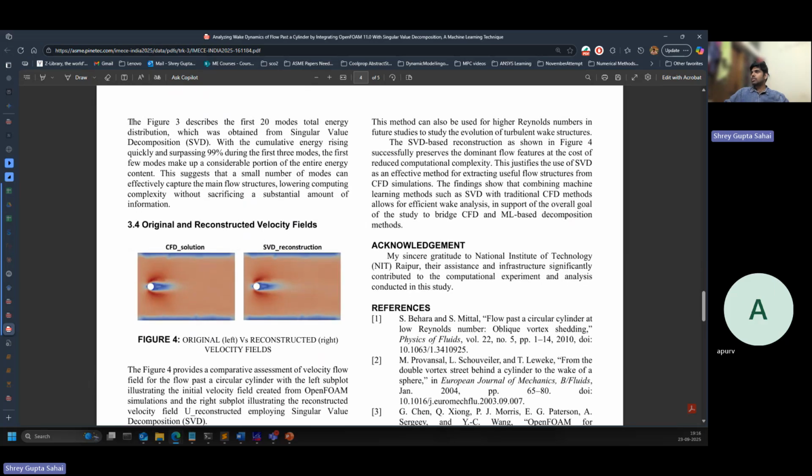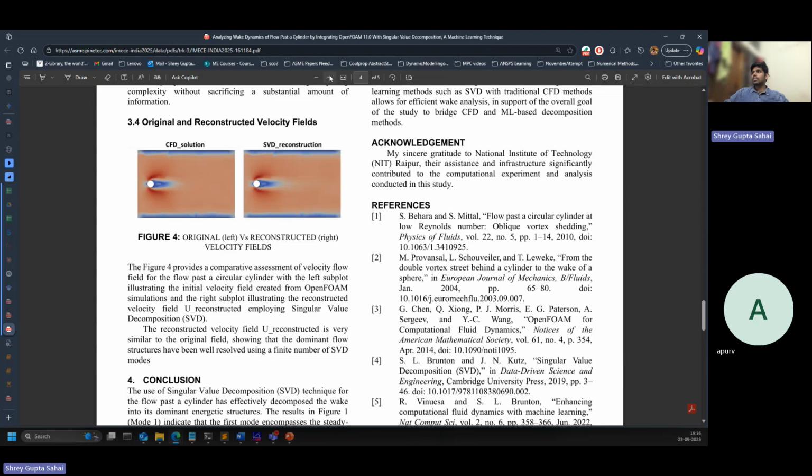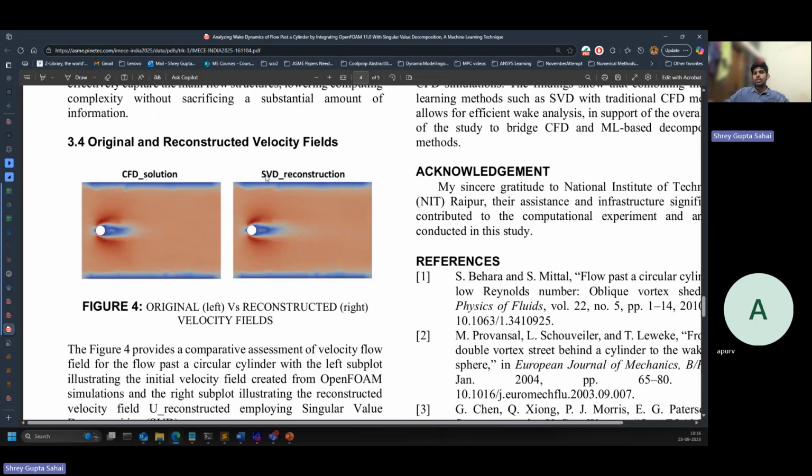Okay, so he considered the first 20 modes to construct this SVD data. So he realized that the first 20 modes are important, at least when he wanted to present it in the paper. The first 20 modes were important to get the exact picture.